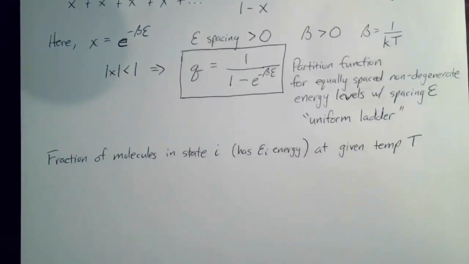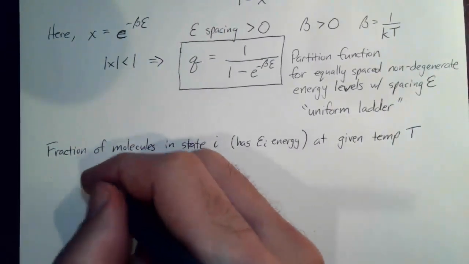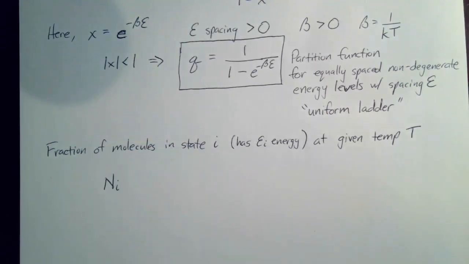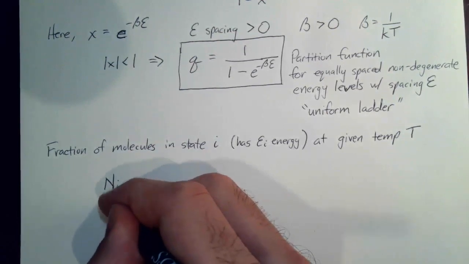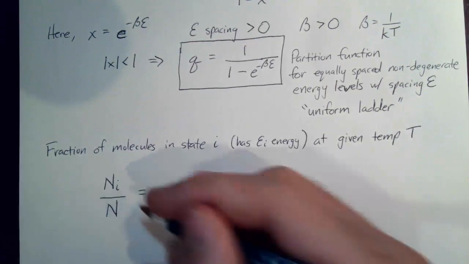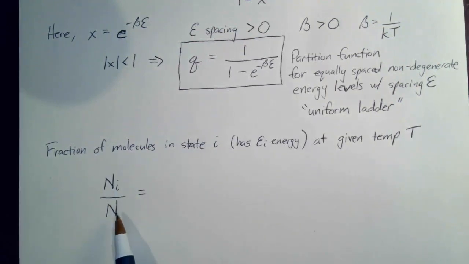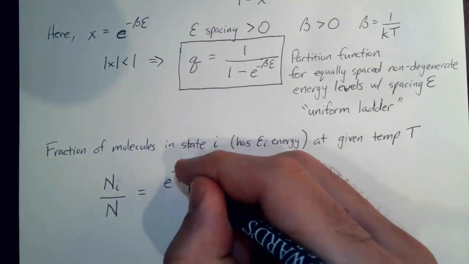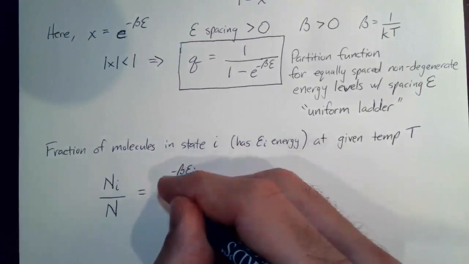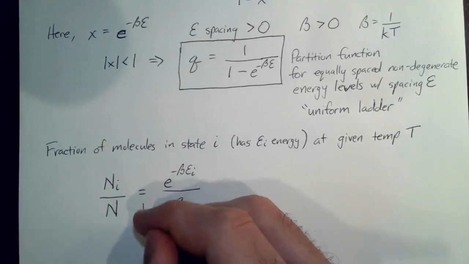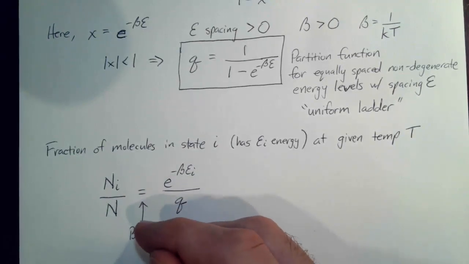Well, to figure this out, what we're looking for here is the number of molecules in state i divided by the total number of molecules. And this is the left-hand side of the Boltzmann distribution. So the Boltzmann distribution tells us that this ratio is equal to e to the minus beta epsilon i over q. Okay, so this is the Boltzmann distribution.